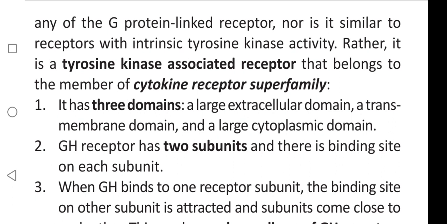Rather, it is a tyrosine kinase associated receptor that belongs to the cytokine receptor superfamily. It has three domains: a large extracellular domain, a transverse membrane domain, and a large cytoplasmic domain.